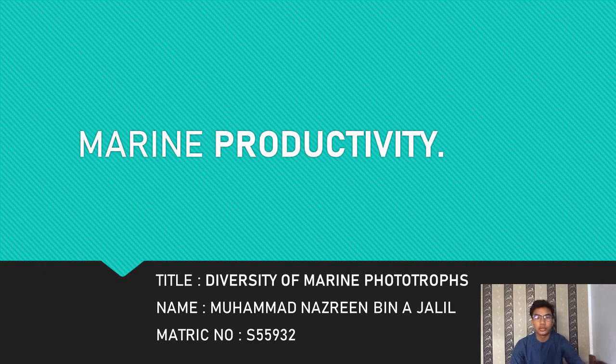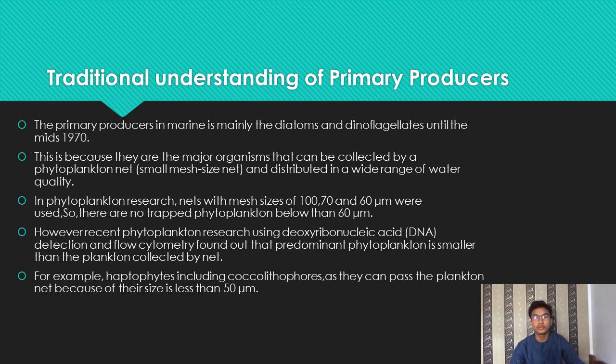So, let's go for the first slide. The first slide is about the traditional understanding of primary producers. The primary producers in the marine environment are mainly diatoms and dinoflagellates. But why are only these two? This is because the major organisms that can be collected by the phytoplankton net and are widely distributed are these two.